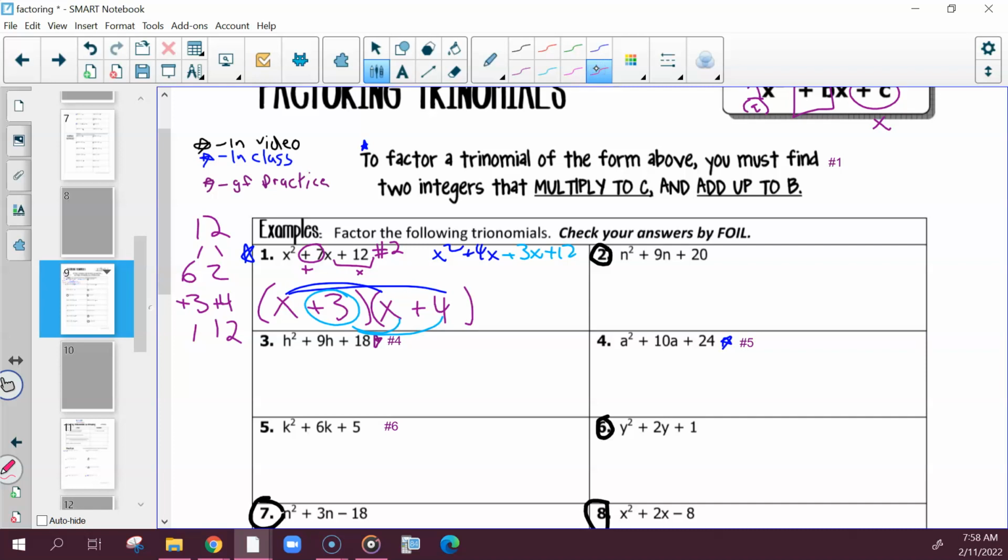And then I could combine my like terms. My middle terms would add to be 7x. And that's how I know I did this right.